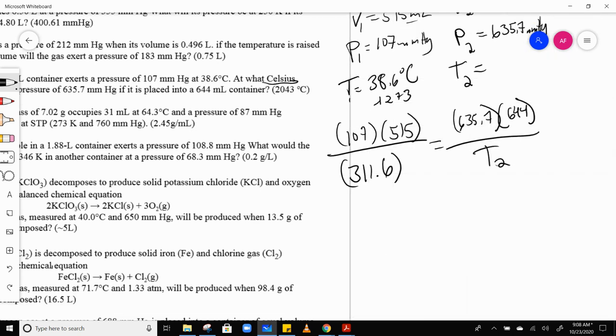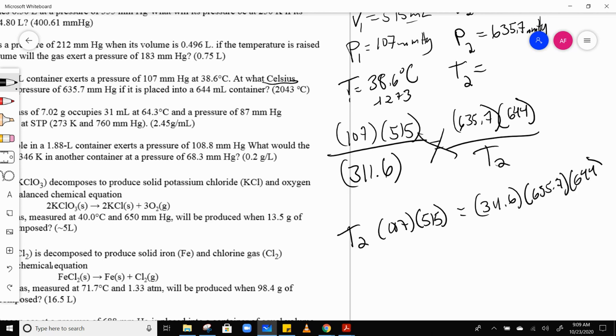Okay, because the variable's on the bottom here, that's when I like to do the cross multiplication. So now we have T2 times 107 times 515, and that's equal to 311.6 times 635.7 times 644. Okay, and then divide both sides to get rid of this. So 107 and 515.